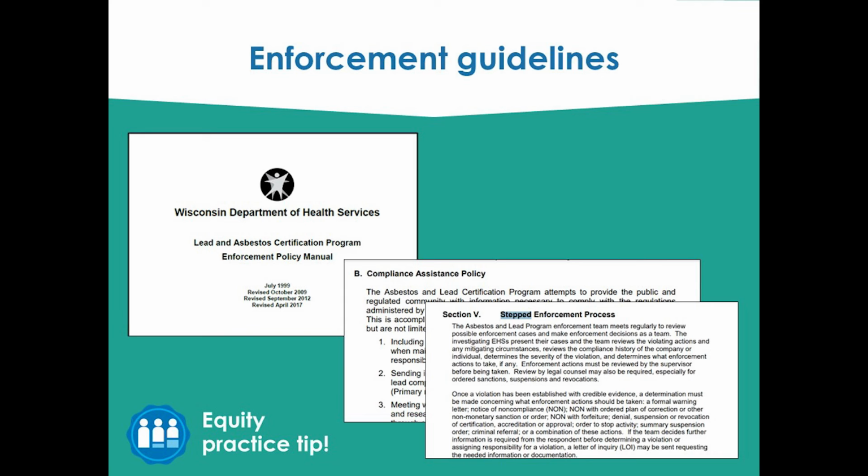The guidelines include a compliance assistance policy that describes education and outreach strategies that inspectors can use to incentivize compliance before violations occur, such as distributing flyers, providing trainings, and responding promptly to phone calls and written inquiries.